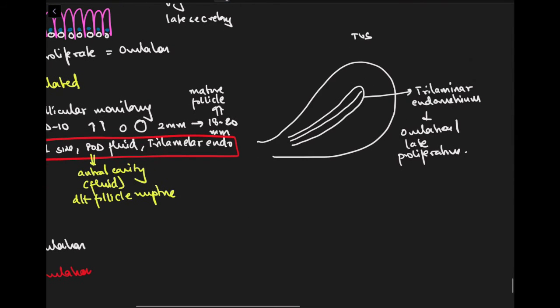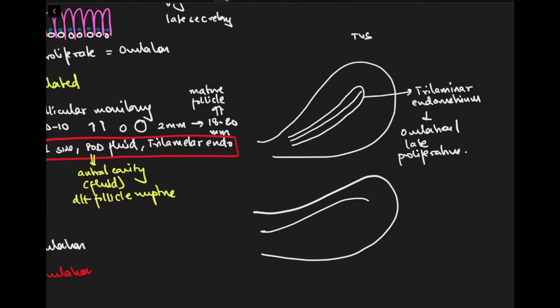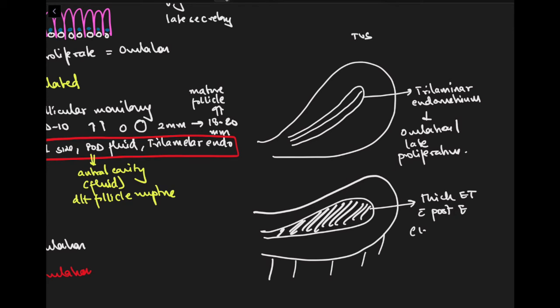While if the uterus shows a thick endometrium with posterior enhancement, right, there will be posterior enhancement. It shows that it is the late secretory phase.